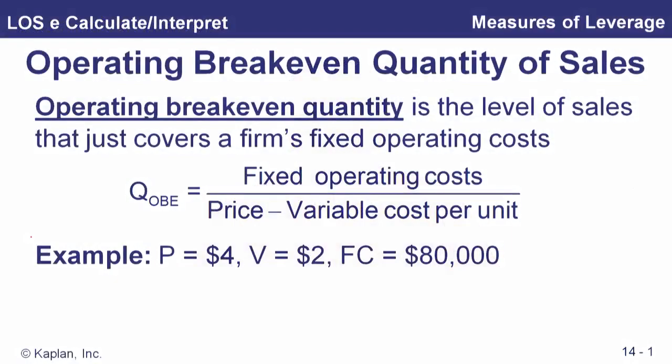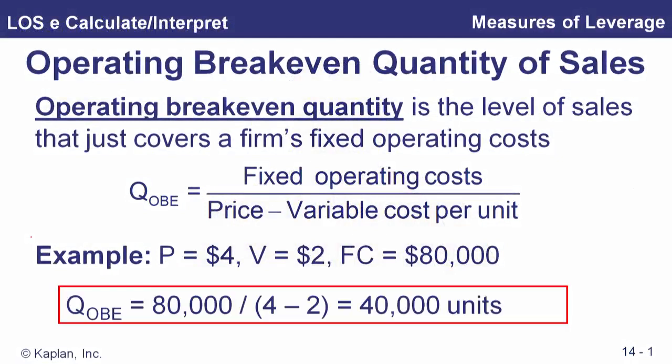So for that, we've got fixed costs of 80,000. How many units do we have to sell to cover that? Our contribution margin here is 4 minus 2 on each unit. So we divide 80,000 by 2, and if we produce 40,000 units, we'll be operating break-even.